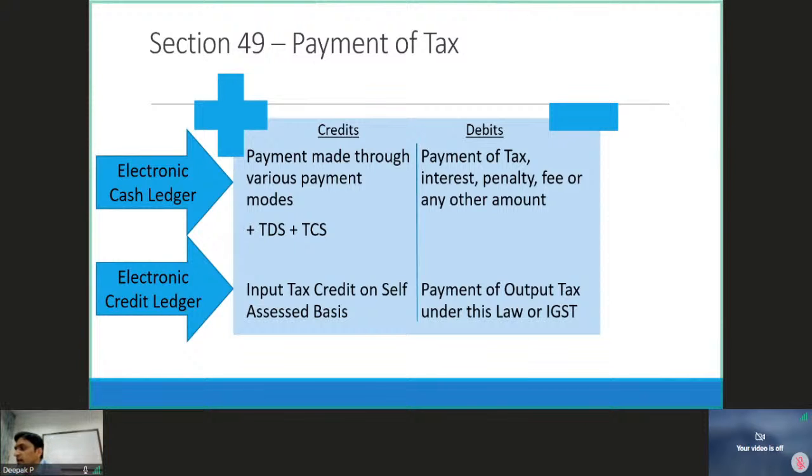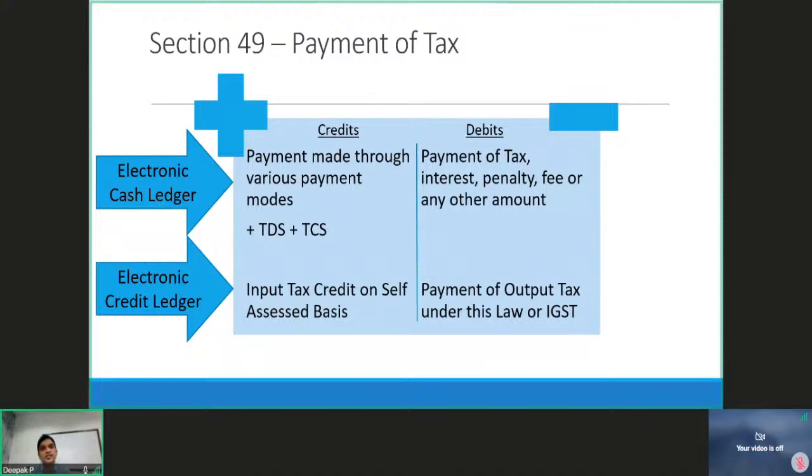Can you please explain credit of TCS and TDS in electronic cash ledger? Yes, I will explain this again. When somebody deducts TDS and TCS, it is equivalent to the TDS under the Income Tax Act. When you make a transaction, somebody deducts TDS from the payment they make to you, and that credit comes in your electronic cash ledger.